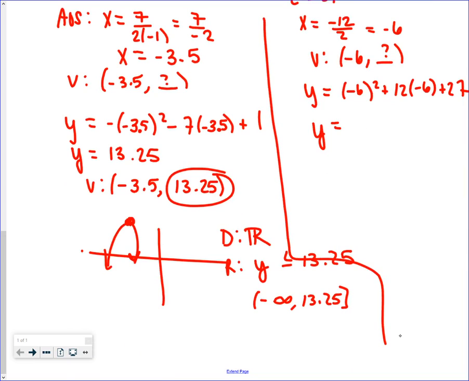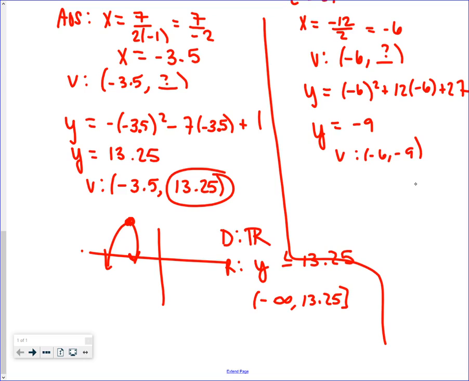What do we get for y here? Shout out what you got. Take your time, get -9, right? So my vertex is -6, -9.